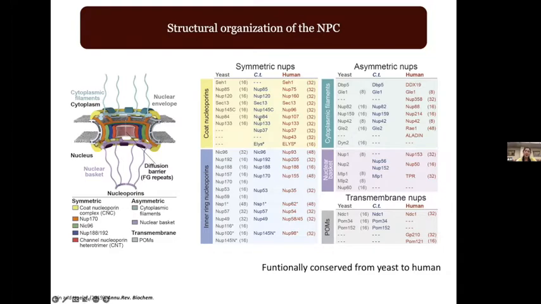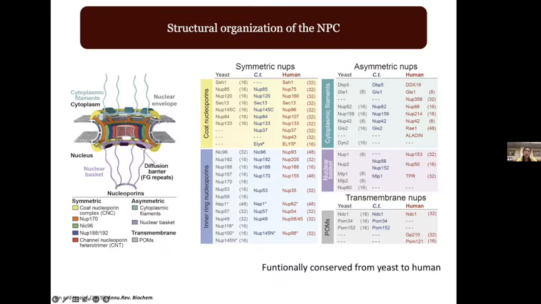Generally, the nucleoporins can assemble into several major subcomplexes. The first one, also the well-studied one, called the coat nucleoporin complex, sits at the two sides of the nuclear pore. Besides, there are the inner ring nucleoporins, which occupy the center of the nuclear pore.